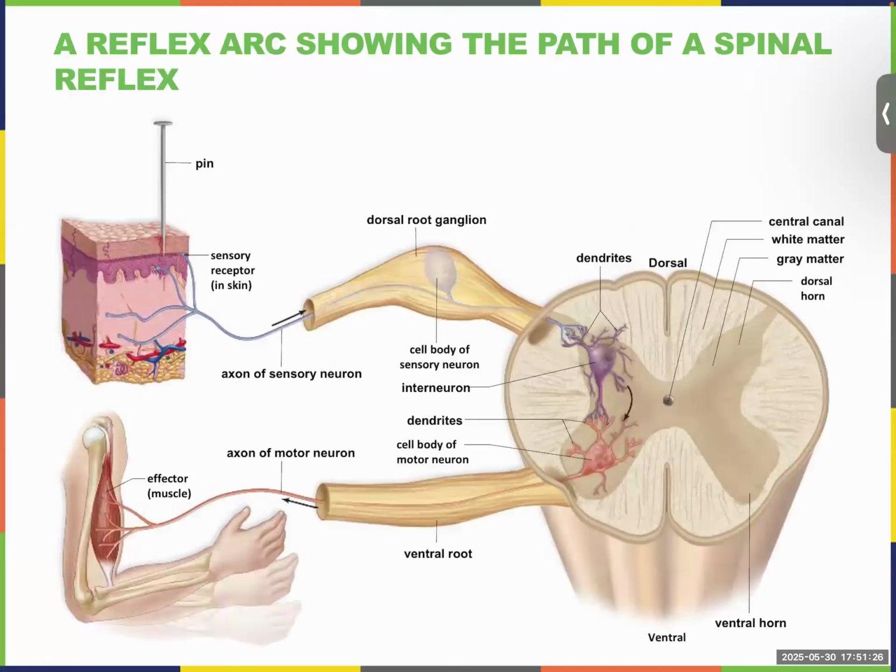So this is showing a reflex arc when you respond to a stimulus, and how the central nervous system knows about it after the peripheral system has told them. Okay, so here it's showing you somehow you got a pin in your skin. And so that's relayed over here that you unfortunately have a pin in your skin.